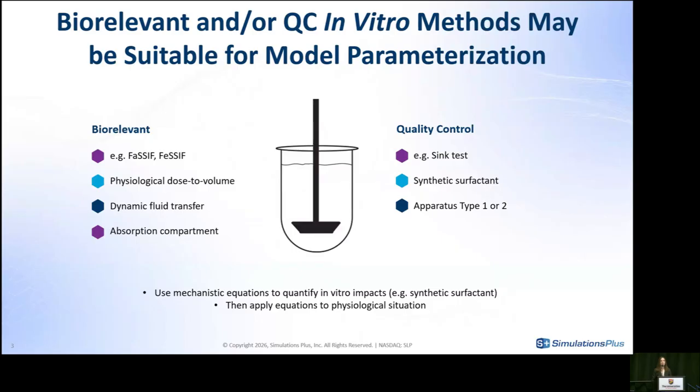And that's when we combine them with use of mechanistic equations. So we can use these mechanistic equations to quantify these in vitro impacts, such as the impact of synthetic surfactant on drug solubility. And then we can use these equations to apply them to the physiological situation. So they really allow that in vitro to in vivo translation.